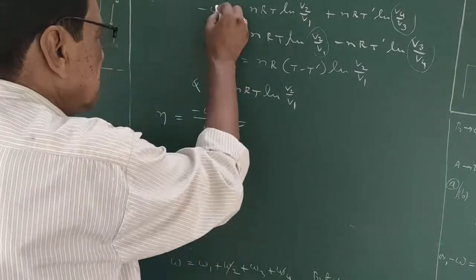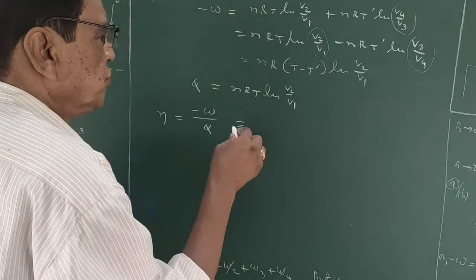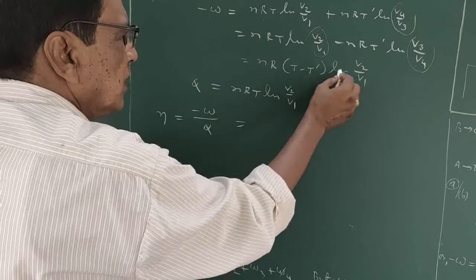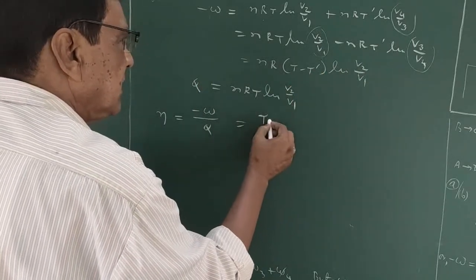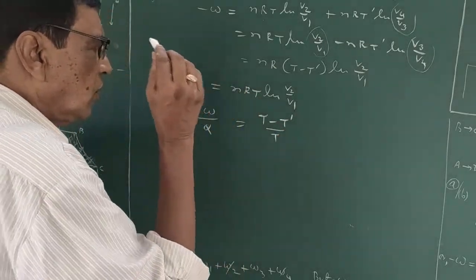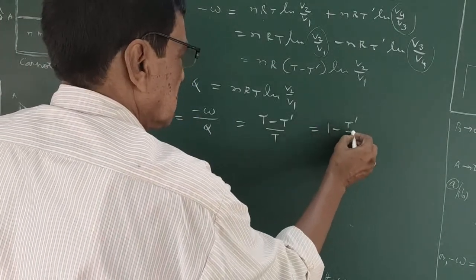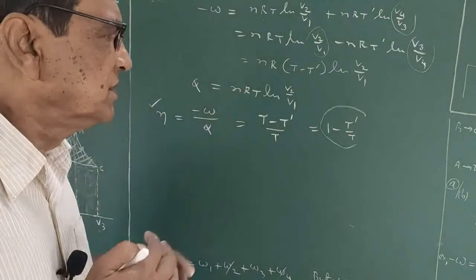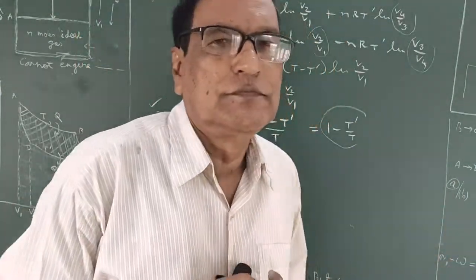So doing this ratio, nR will cancel, ln V2 by V1 will also cancel, leaving T minus T dash divided by T. Or we can write 1 minus T dash by T. And the value of this efficiency will give you the maximum value.